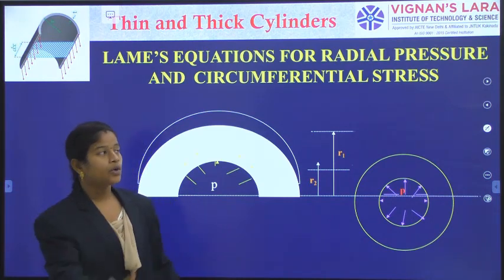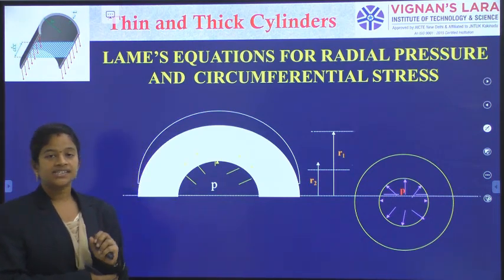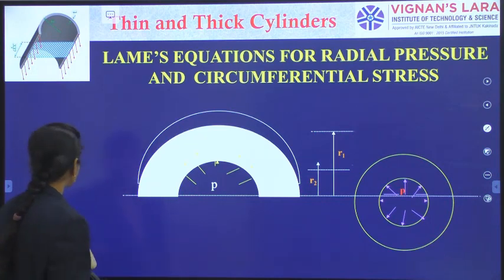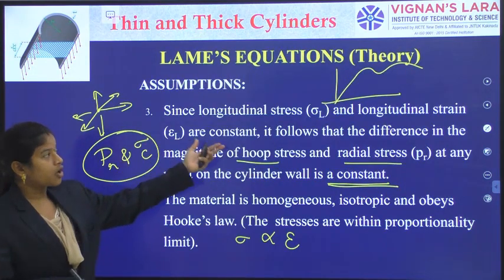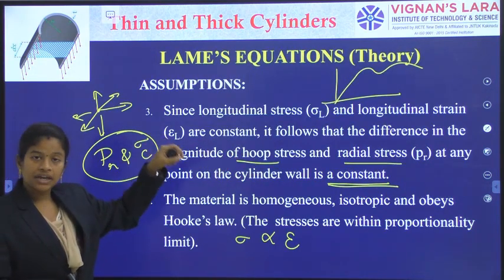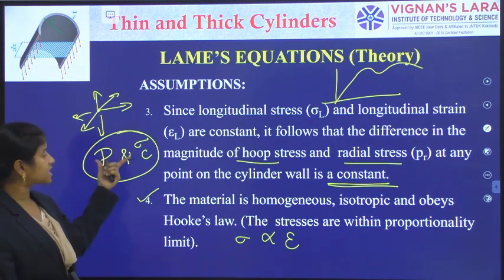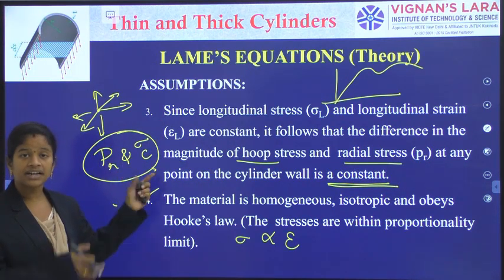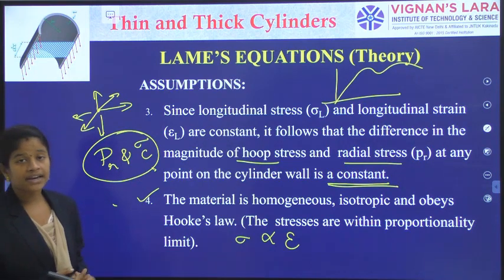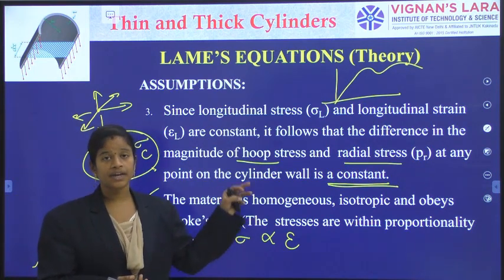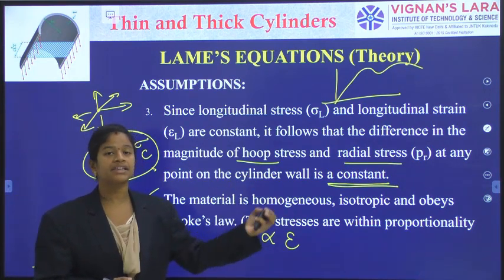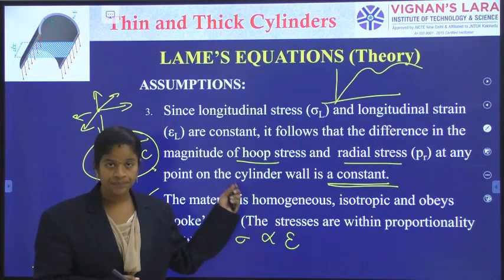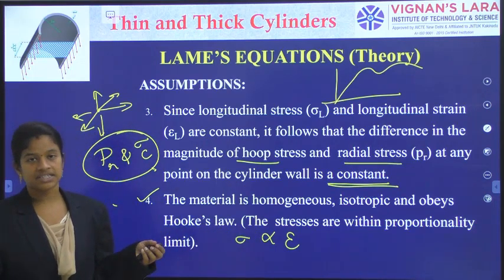Then, since they are constant, the difference between the circumferential stress and the radial pressure is always constant. And finally, the material is homogeneous, isotropic, and obeying Hooke's law when I apply the pressure within the proportionality limit. In this way, the Lami's theorem assumptions are cleared.